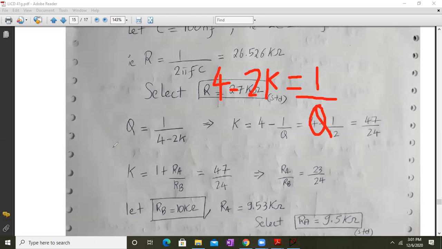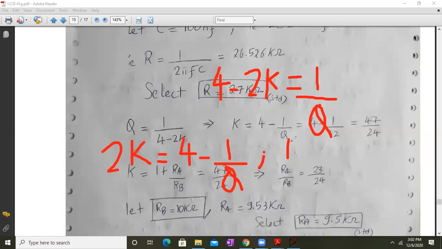So what will be K? I can write it as 2K will be equal to 4 minus 1 divided by Q. Okay, yes, I am right. So K will be equal to this entire term divided by 2.